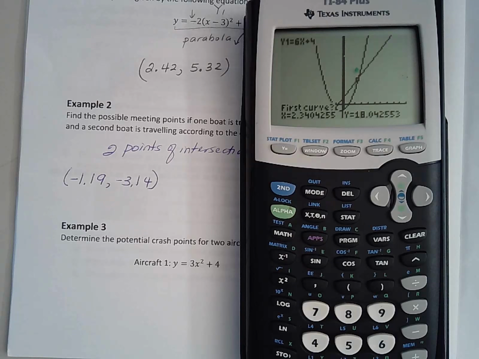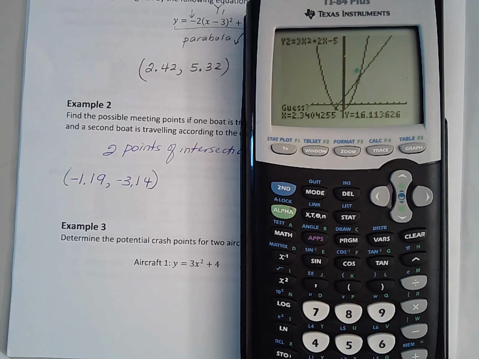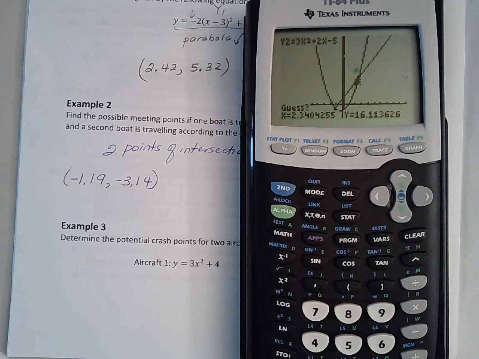So you want that intersection. Is this my first curve? Yeah, it still is. So press enter. And then this is my second curve, yes. Press enter again. Can you see it's asking a question? So we're responding to that, press enter again.